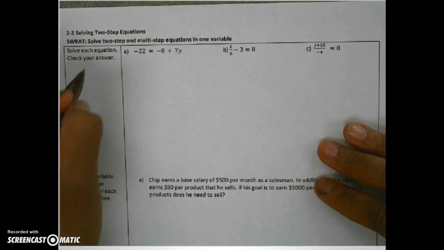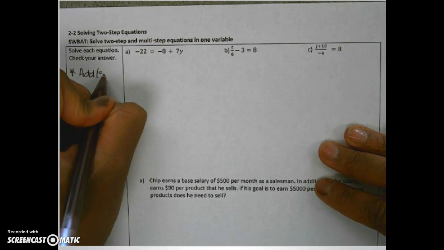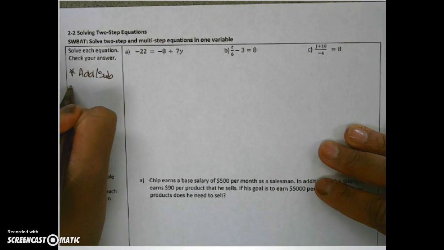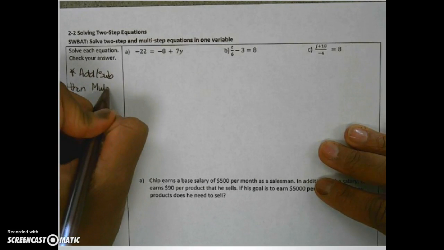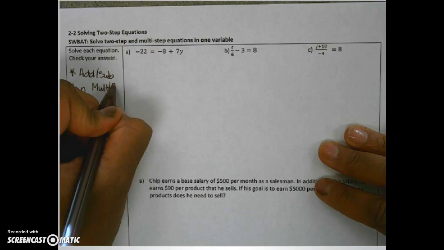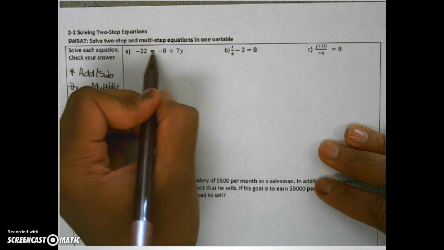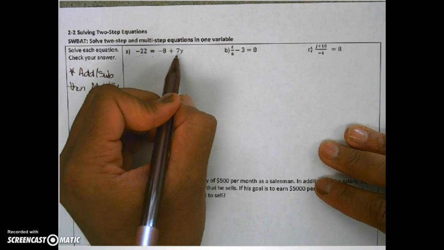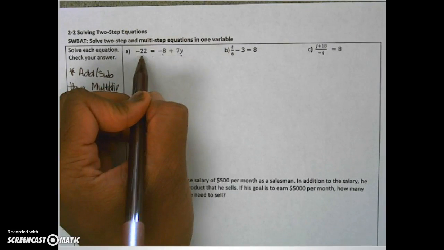So we typically, almost always, are going to want to get rid of addition and subtraction before we get rid of the multiplication and division. So for this one, if I'm looking at it, I have this negative 22 equals negative 8 plus 7y. If I wanted to get rid of this 7 right now, I would have to divide by 7, divide by 7, divide by 7. I don't want to do all that.